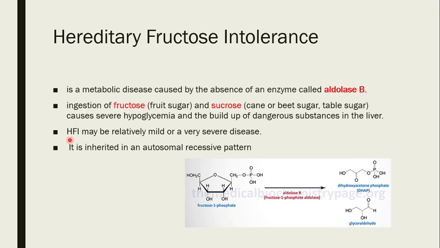Next, we have what we call the hereditary fructose intolerance. It is the same as your essential fructosuria. It's just that in hereditary fructose intolerance, the enzyme that we are missing is your aldolase B. This aldolase B is another isoenzyme we've found in your glycolysis.